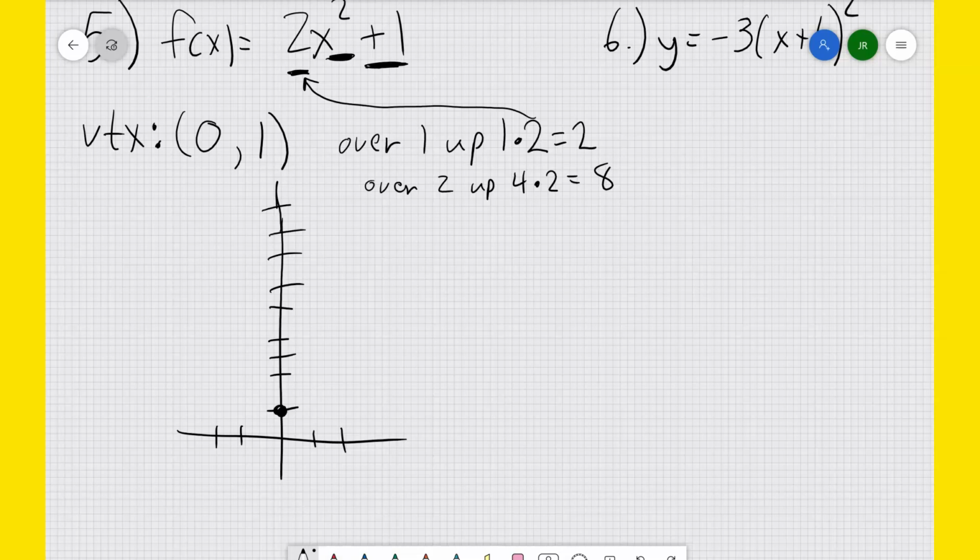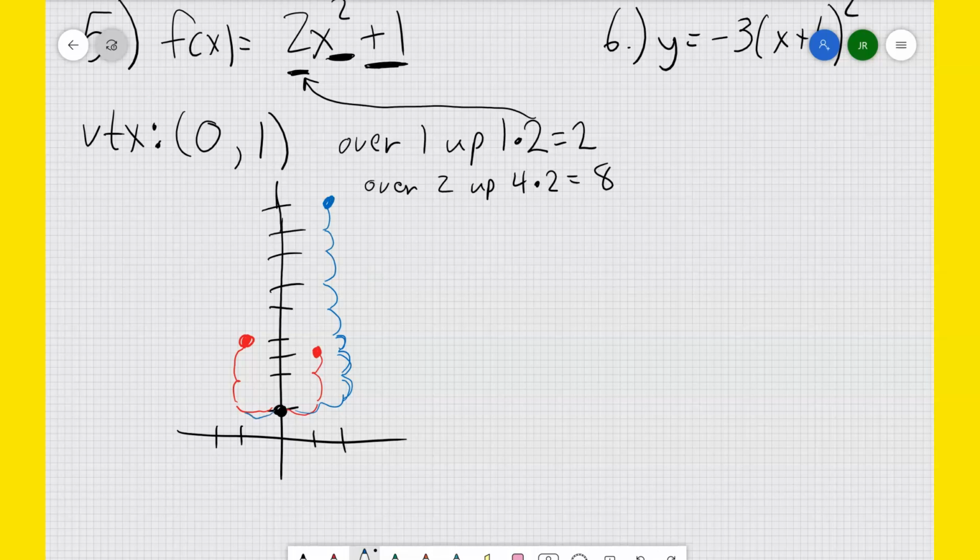Okay, so I'm going over 1 and up 2. 1, 2. On both sides. And I'm going to go over 2 and up 4, I'm sorry, 8. 1, 2, 3, 4, 5, 6, 7, 8.